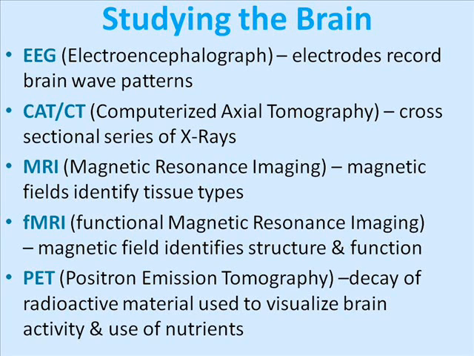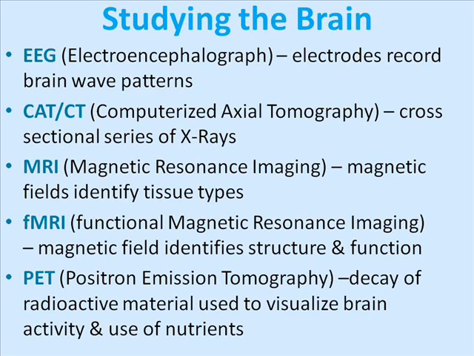Positron emission tomography monitors a decay of radioactive material, generally glucose, and is used to visualize what's going on inside the brain in real time. This visualization is possible because you are watching as the radioactive glucose decays and the brain uses the nutrients to think or process information.